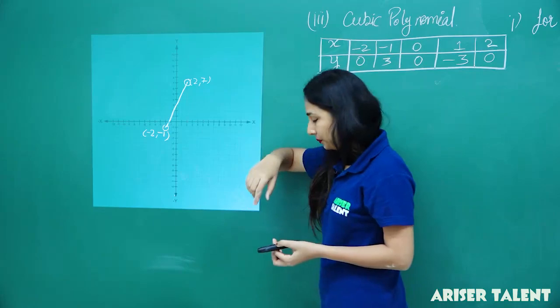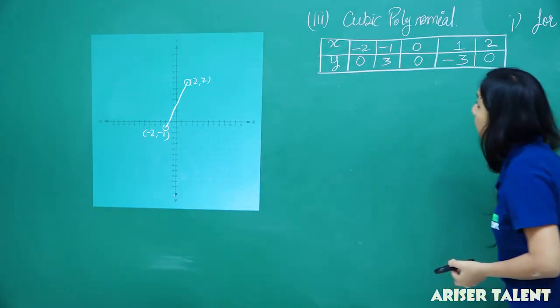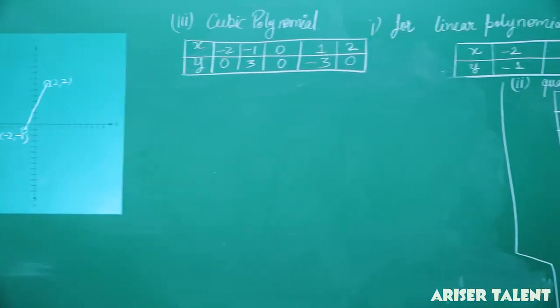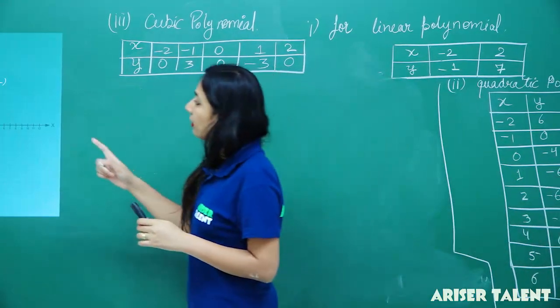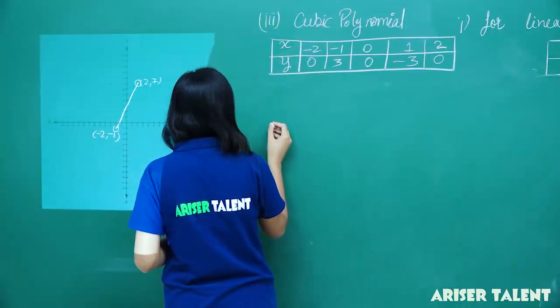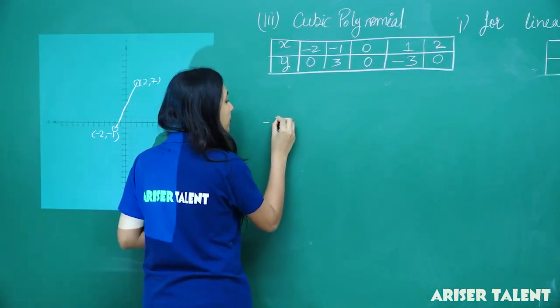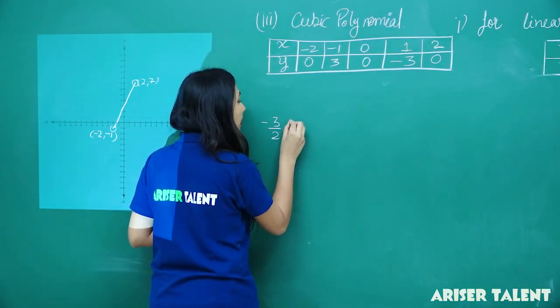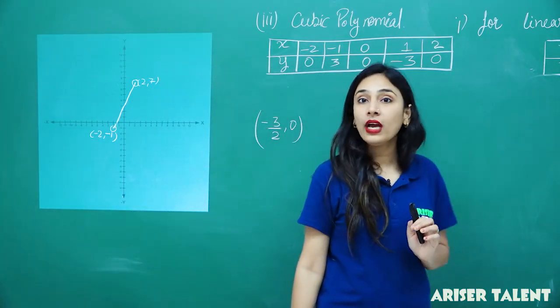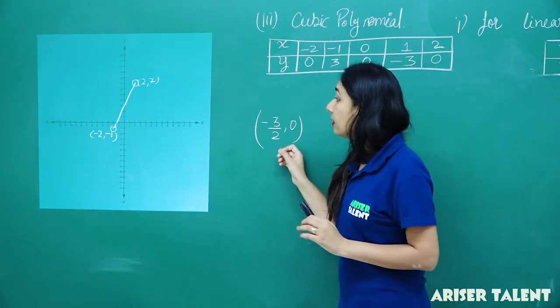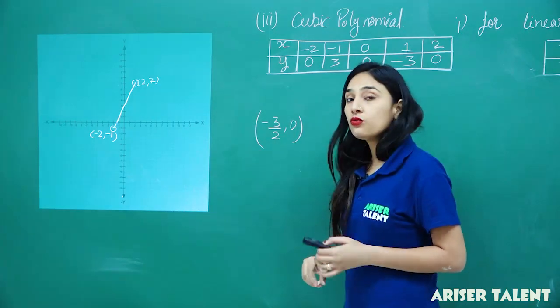Okay, students. When you use that, you will find that this particular value is minus 3 by 2 and 0, minus 3 by 2 and 0.